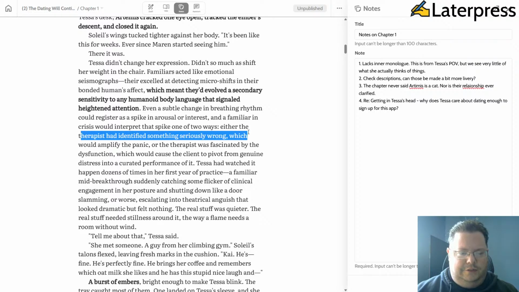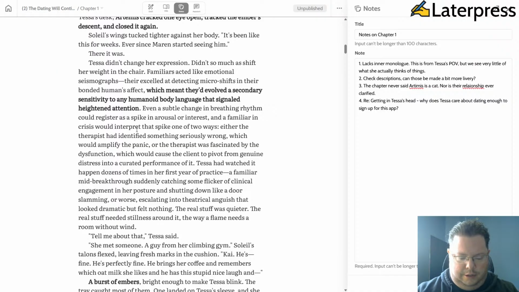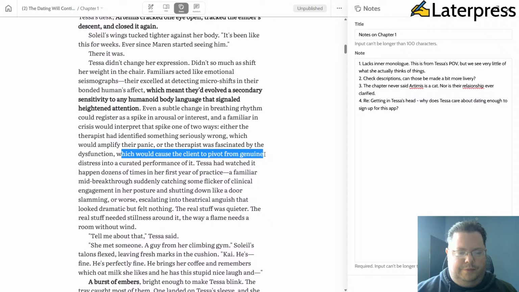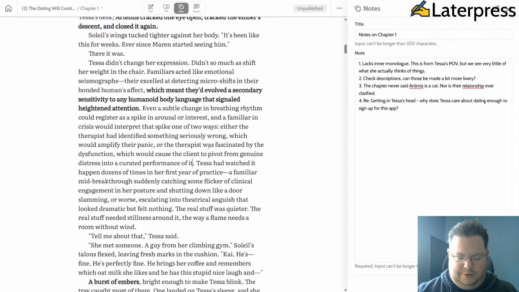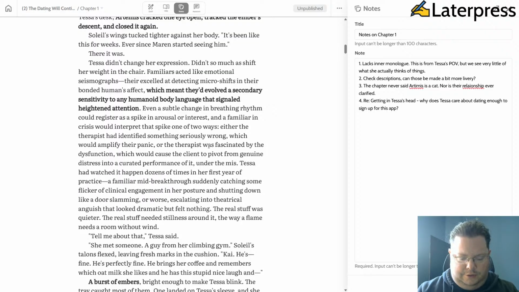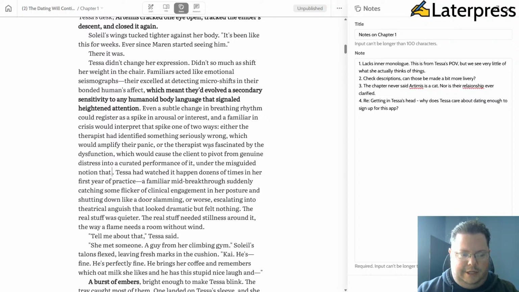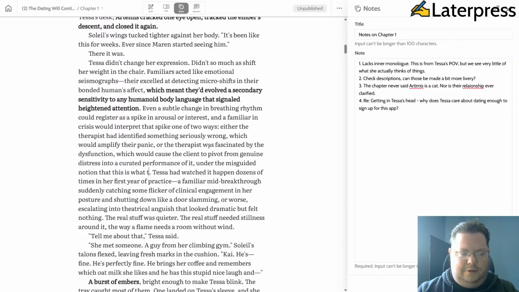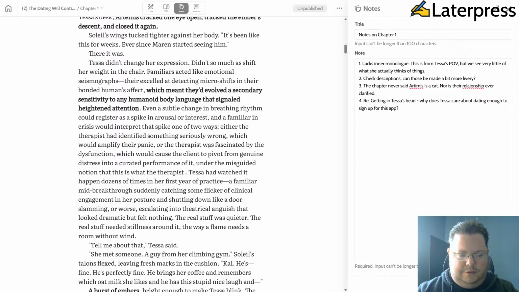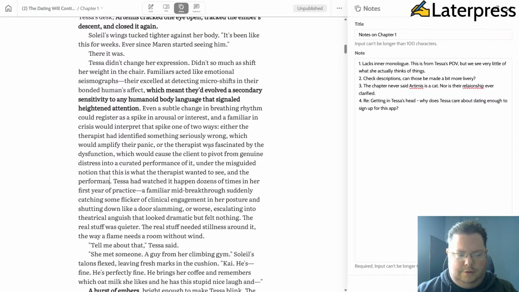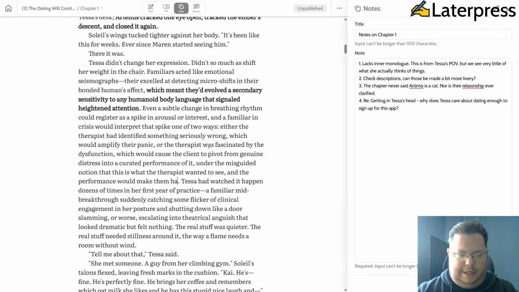Either the therapist had identified something seriously wrong, which would amplify their panic, or the therapist was fascinated by the dysfunction, which could cause the client to pivot from genuine distress into a curated performance of it under the misguided notion that this is what the therapist wanted to see, and the performance would make them happy.